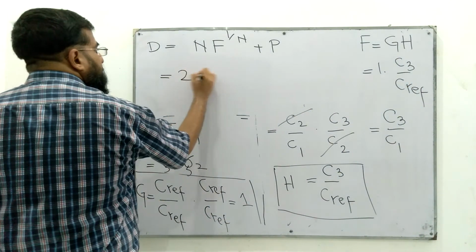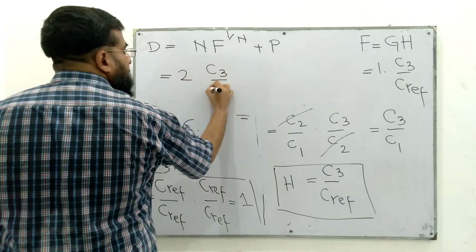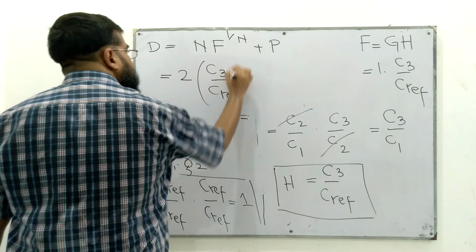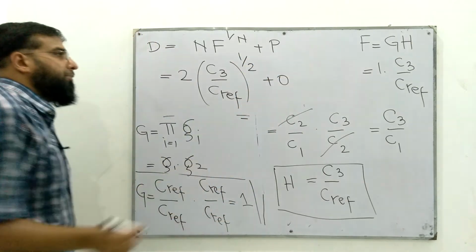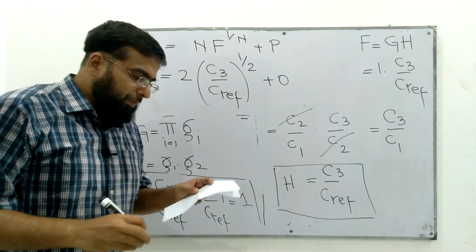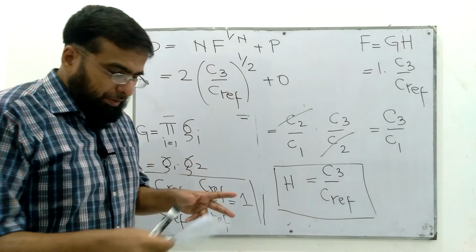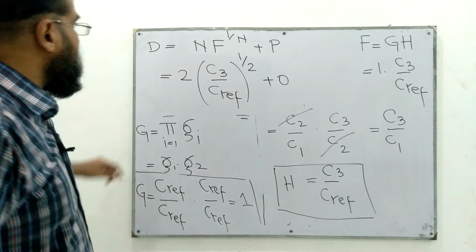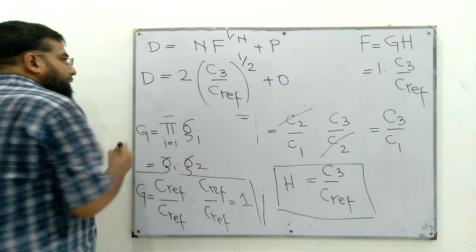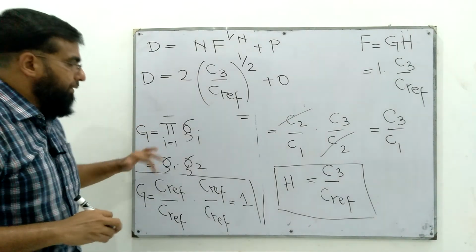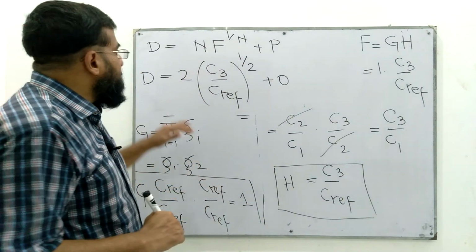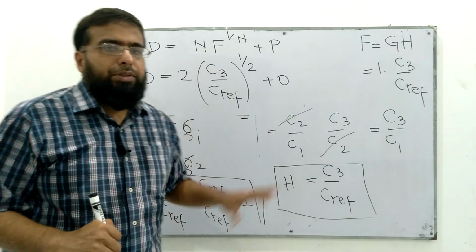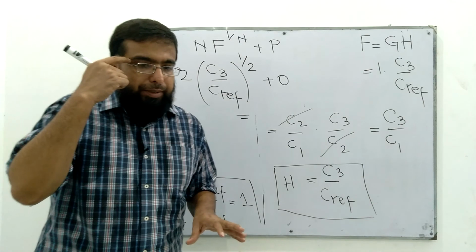So with N equal to 2, D is 2 times (C3 over C reference) to the power 1 over 2, plus 0, because no parasitic delays are given. So this is how we can compute delay using the logical effort technique. In our next lecture, we will study how we use this expression to minimize chain delay. Thank you.